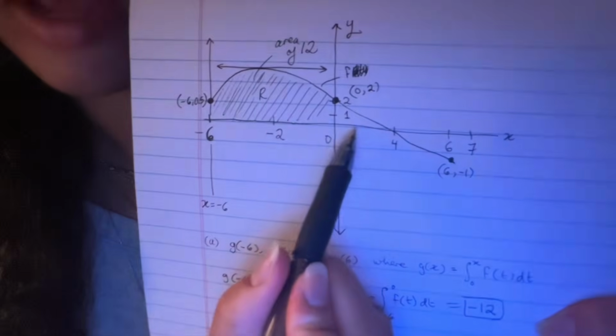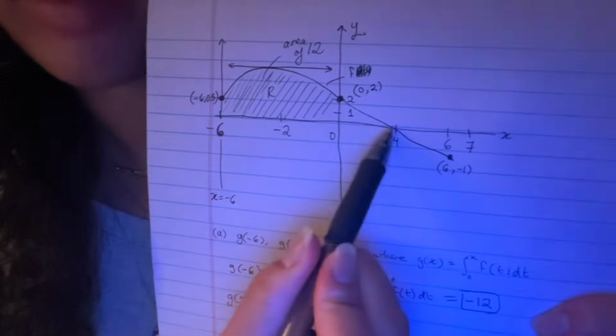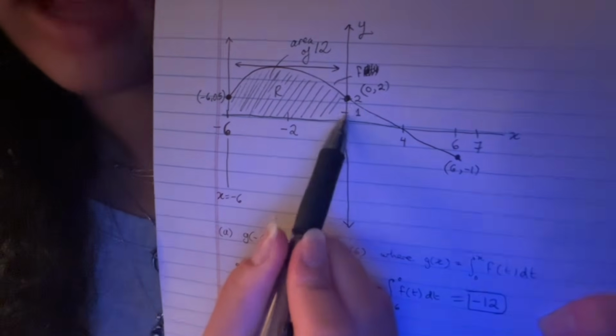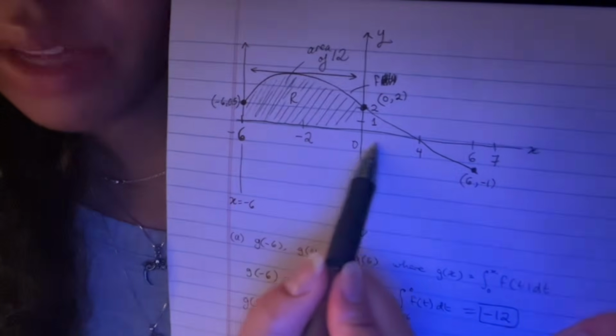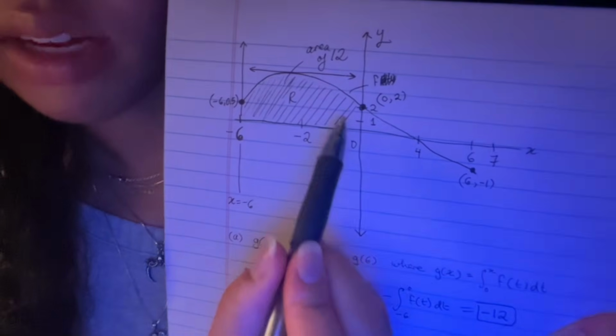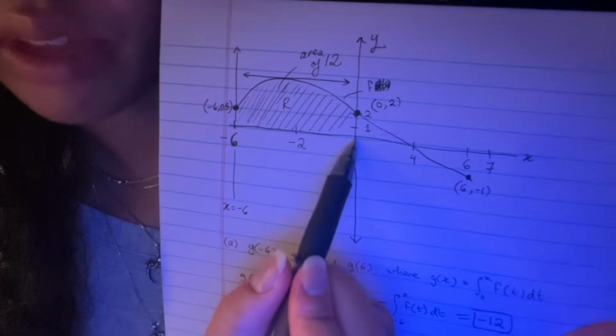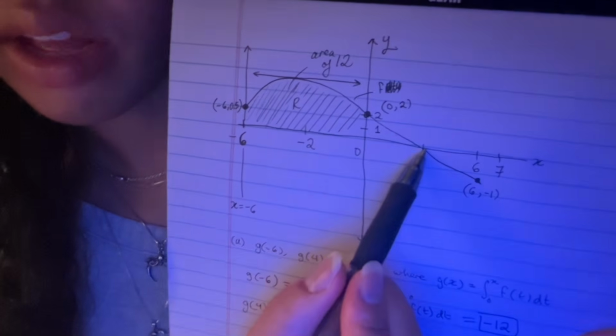So we just need the area that's right under here, this little triangle. The area of the triangle is just the base, which is 4, times the height, which we're also given is just 2, and then divided by 2. So that just becomes 4. So g of 4 is just 4.